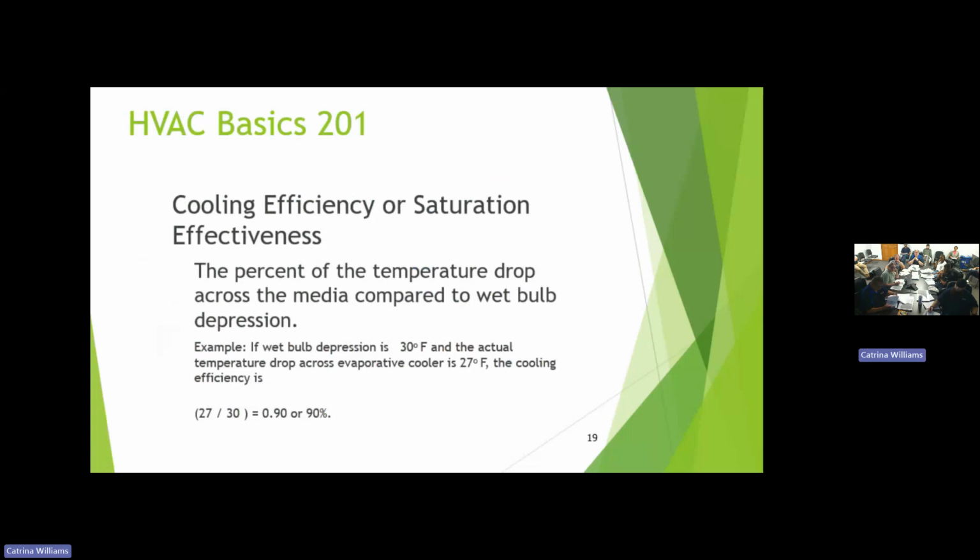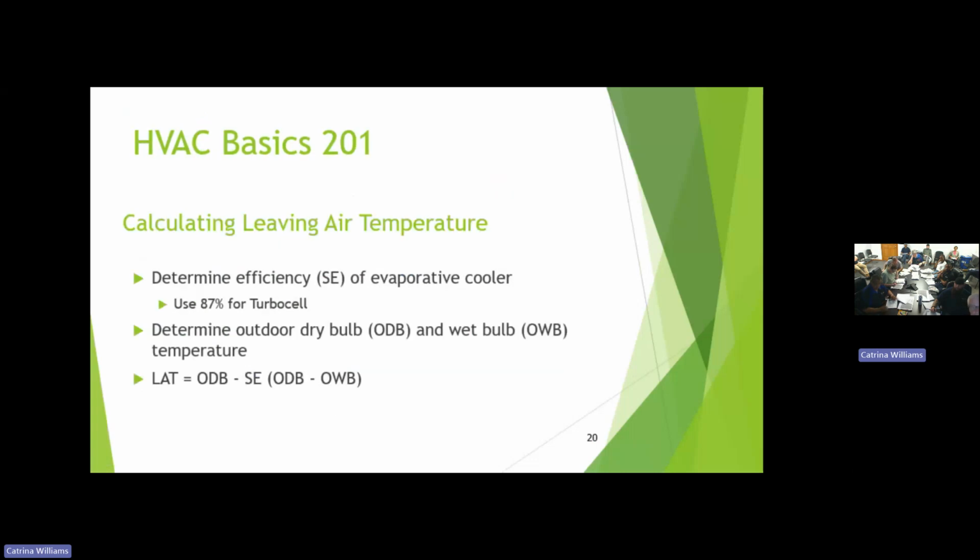You take your wet bulb depression, which we figure out through the wet bulb or the psychrometric chart, and then you see what you're actually discharging, and you can learn what your efficiency is. In this example, it's 90% because it was an easy number.